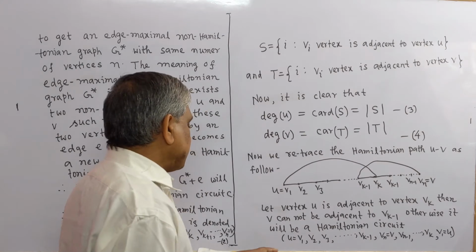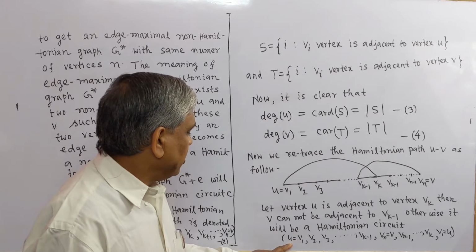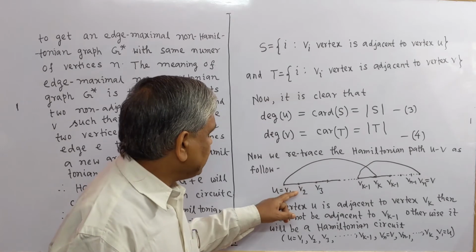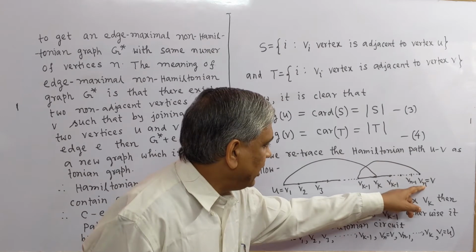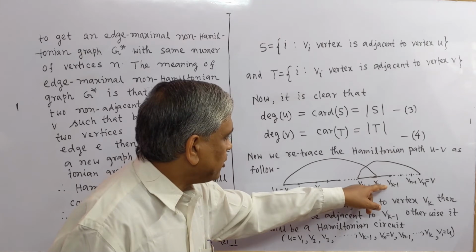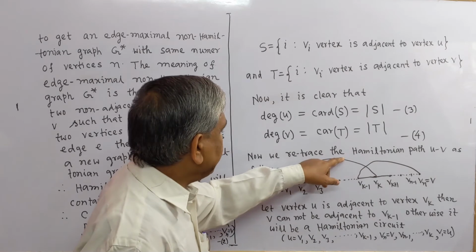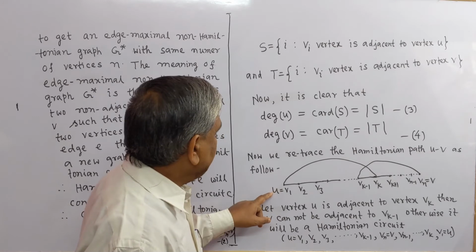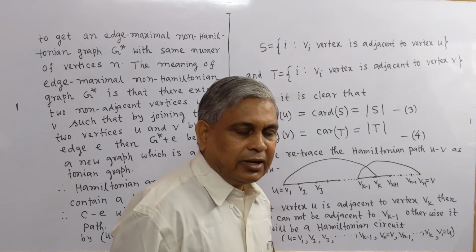So we start at vertex U, and we go through vertices V2, V3, Vk minus 1, then Vn, then return back through Vn minus 1, dot dot dot, Vk plus 1, then Vk, then we return back through this edge to V1, that is U. And this is a Hamiltonian circuit.